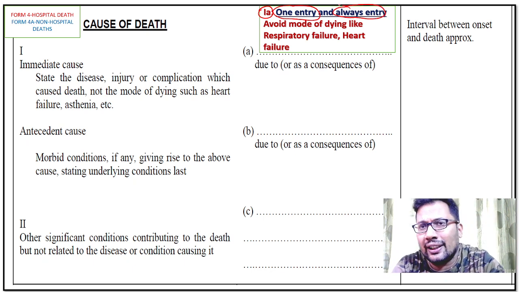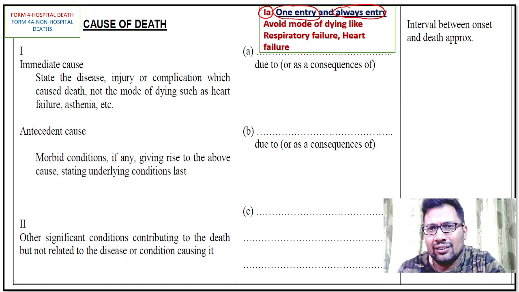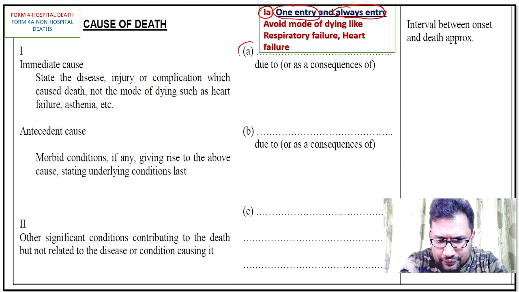This entry should always be there in the certificate. Avoid mode of dying like respiratory failure, cardiac failure, like that. Okay, 1A.